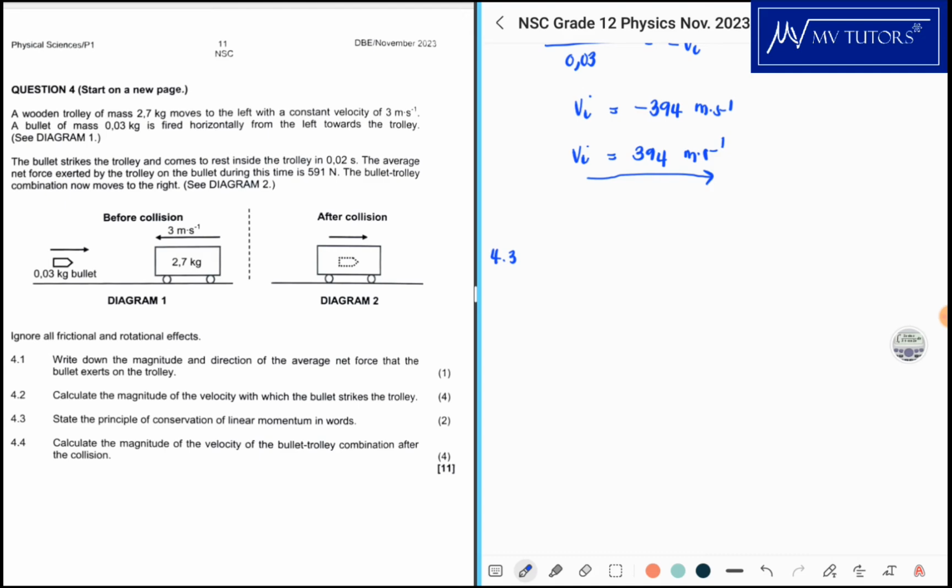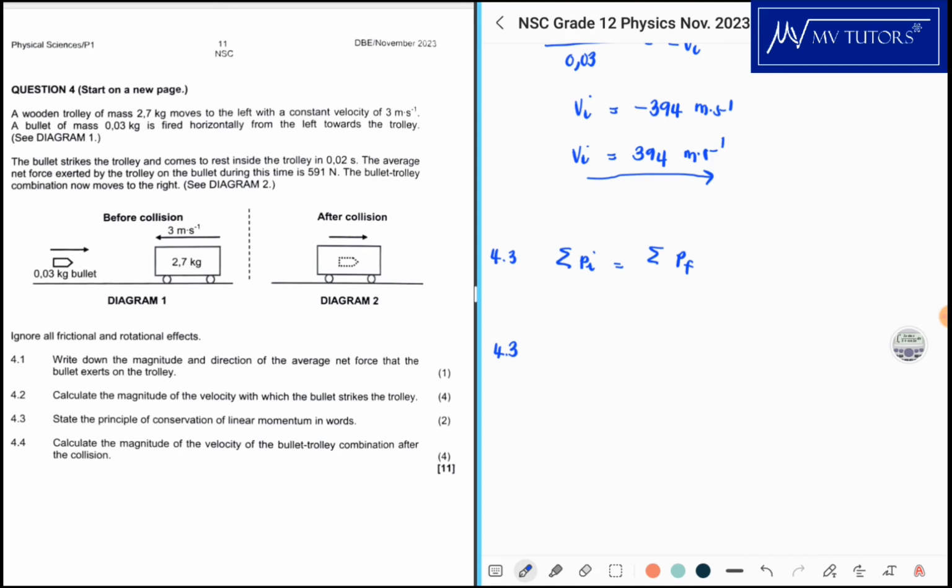Okay, so basically the sum of your initial momentum will be equal to the sum of your final momentum. That's what this principle is basically saying.